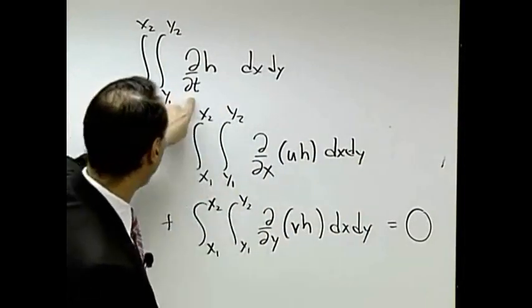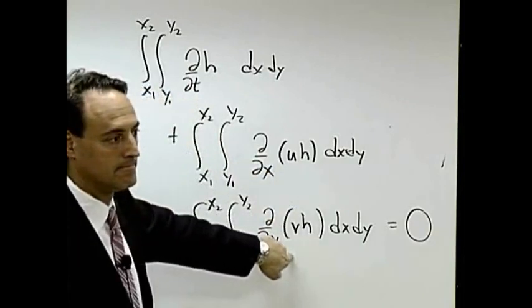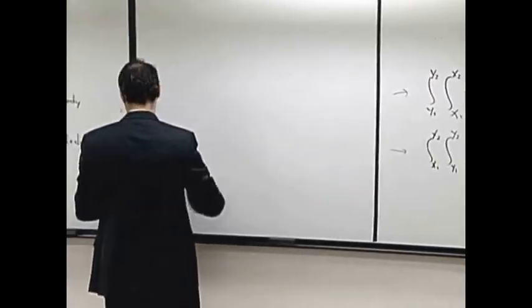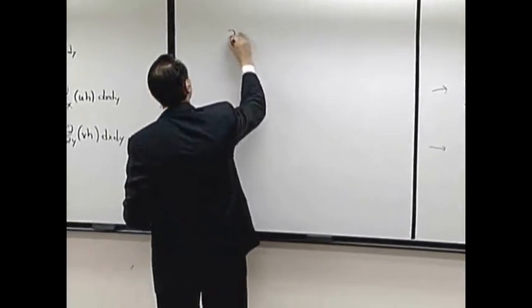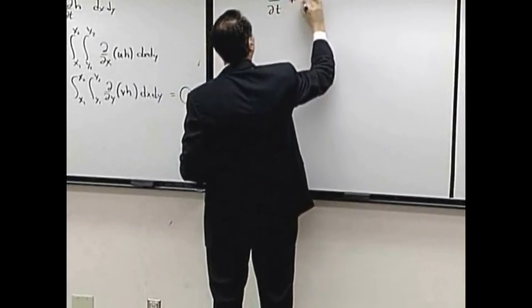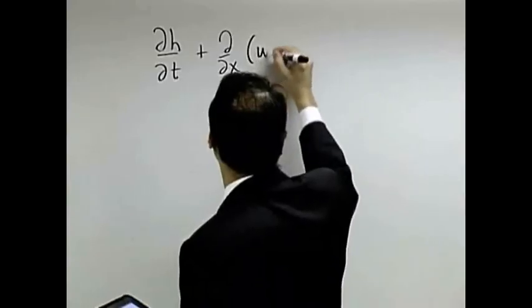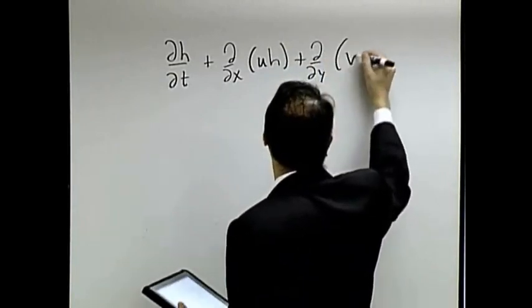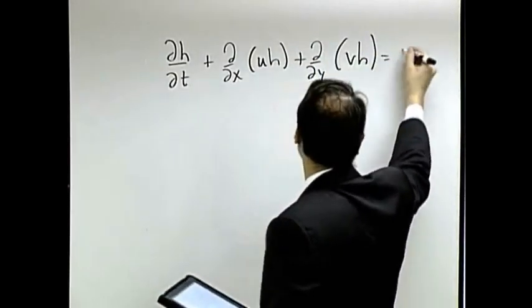And the integrand is that thing plus that plus that. So at the end of the day, with all that work, what we end up with is our conservation of mass equation, which gives us dh dt plus d dx of u h plus d dy of v h equals 0.